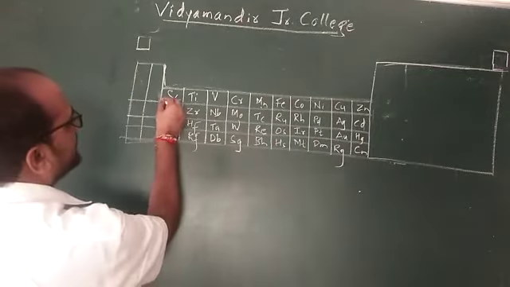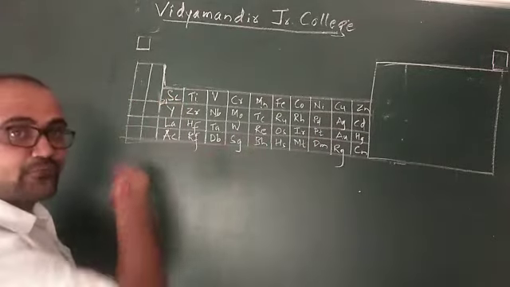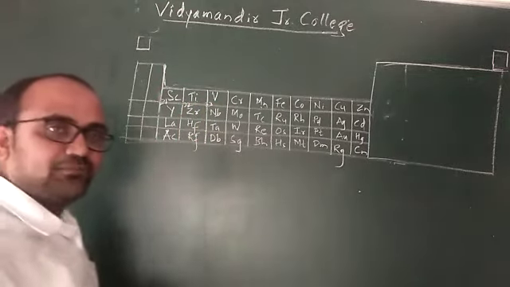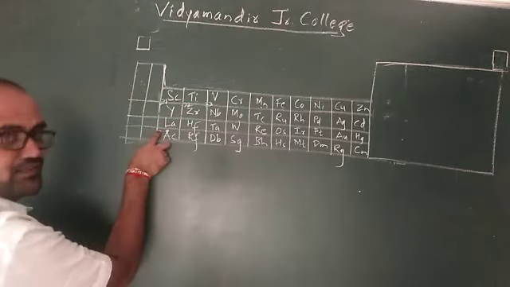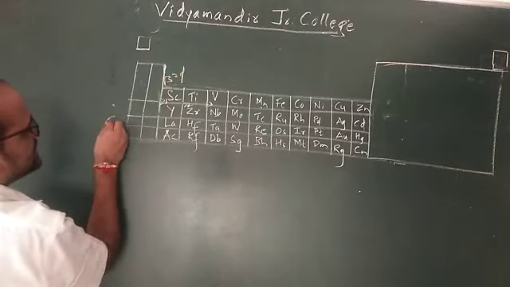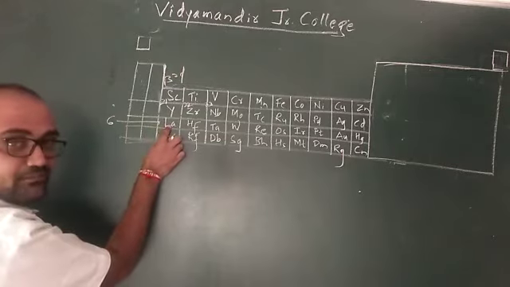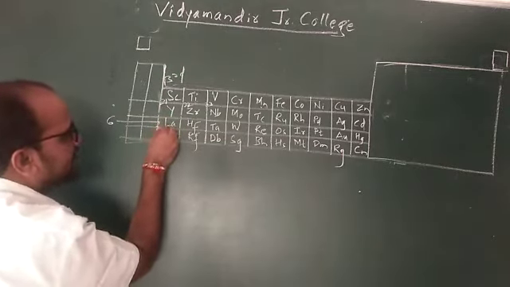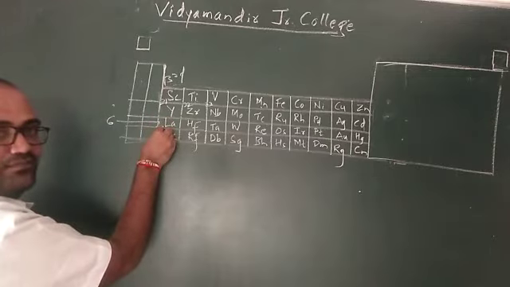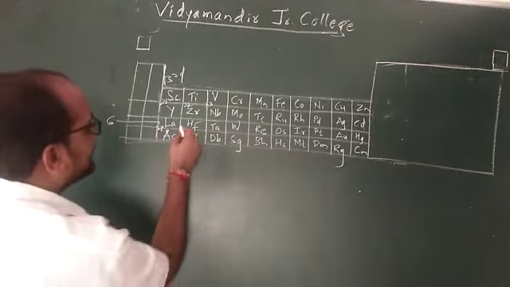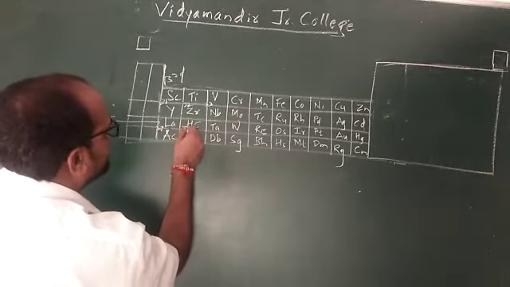So here atomic number 21 is there. After that 22 is there, 23 is there. But if you notice here, third group, sixth period, lanthanum, which is 57. After lanthanum, the cerium element is not there. Directly hafnium, that is atomic number 72.